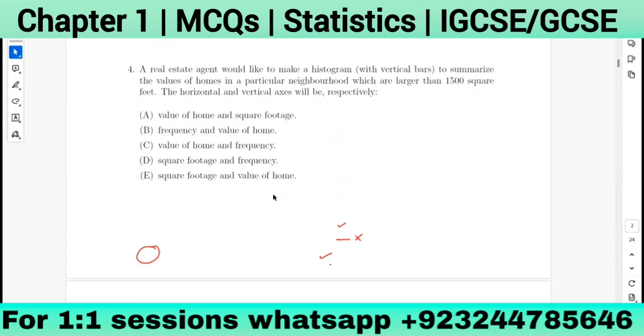A real estate agent would like to make a histogram to summarize the values of homes in a particular neighborhood which are larger than 1500 square feet.